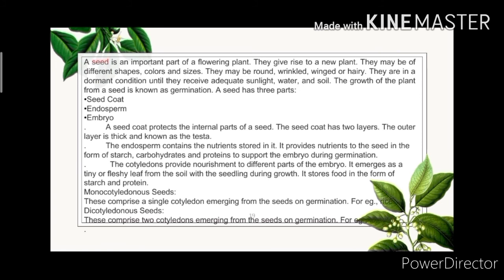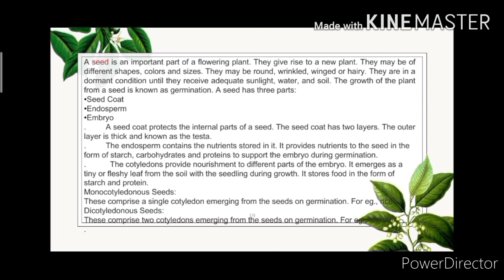On the basis of the cotyledon, they are classified into two, monocots and dicots. What are monocots? Monocots are those which contain a single cotyledon emerging from the seed. For example, rice.